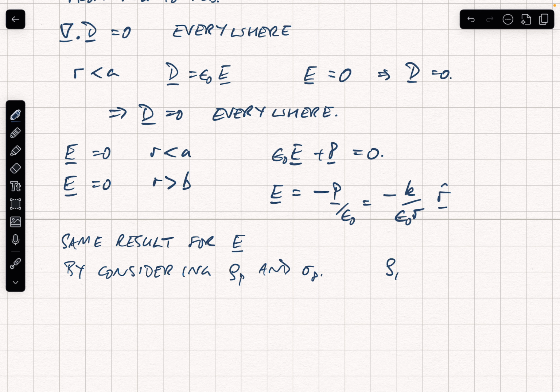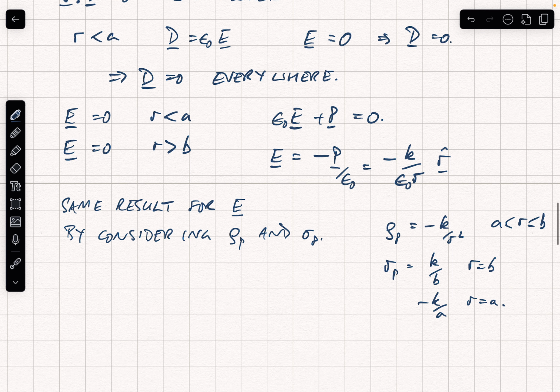But just to note that rho P is minus K over R squared for A less than R less than B, and sigma P you get only on the surfaces. It's K over B at R equals B and minus K over A at R equals A.